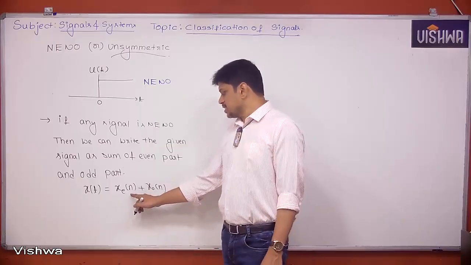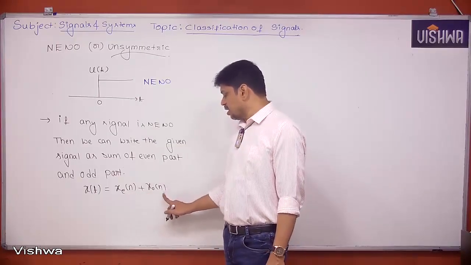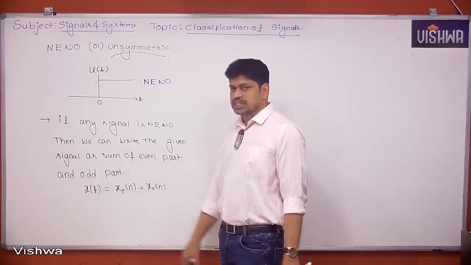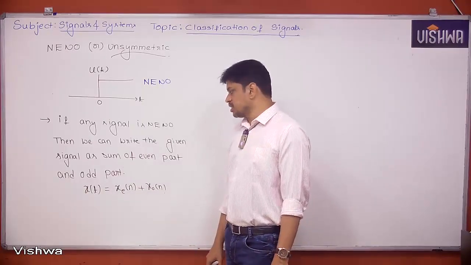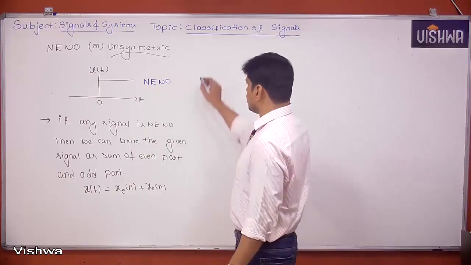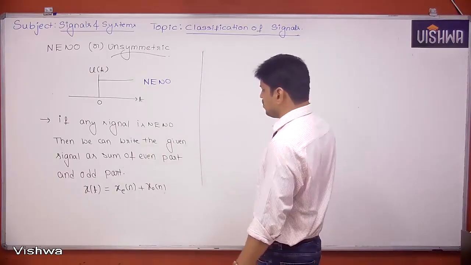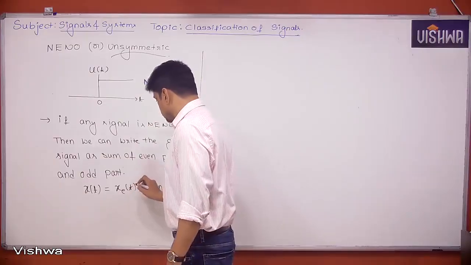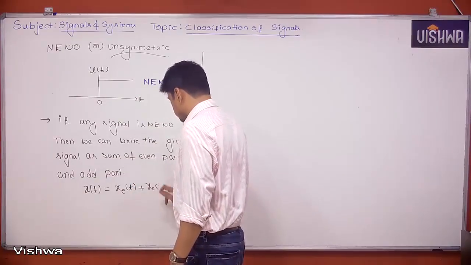Individually, even part is an even signal, odd part is an odd signal. So if we combine these two signals, we are going to get an overall signal which is neither even nor odd signal. So let's see how we can calculate this even part and odd part. Sorry, I am writing n only. This is t. This is t.